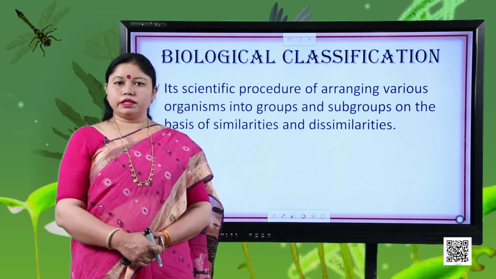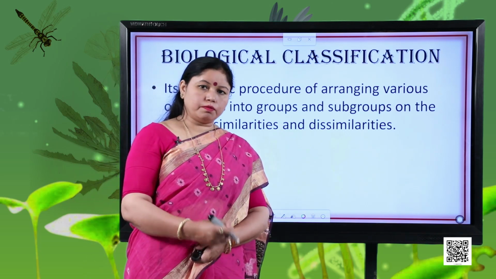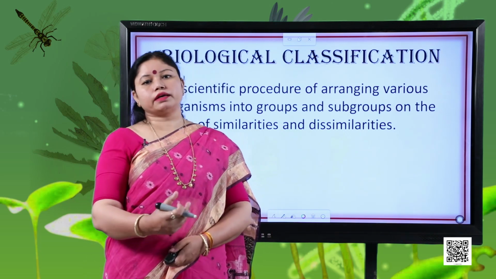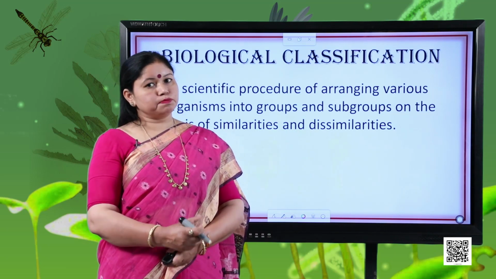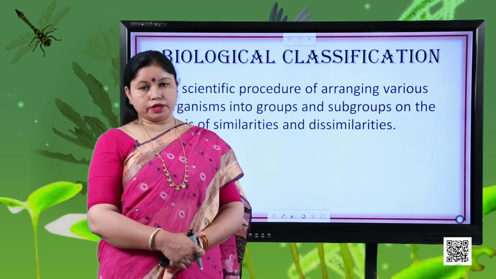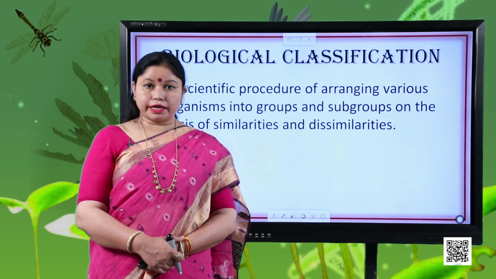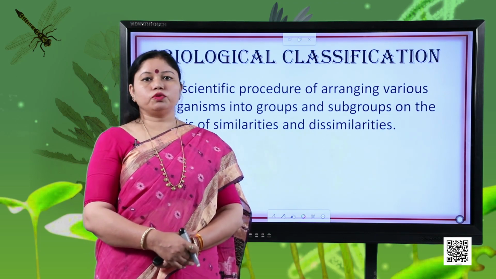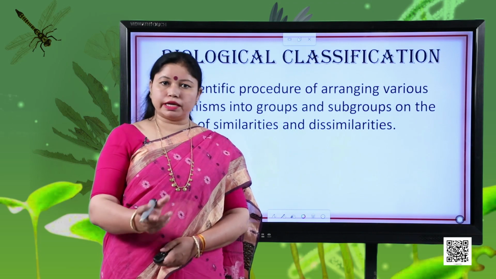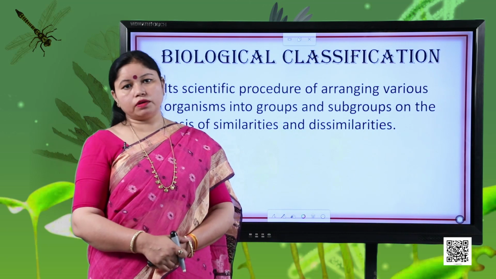Secondly, another benefit of the categorization is, suppose I give you a book to keep it in a rack, then what will you do? You will compare the aspects of that book, like the language, the subject, the standard of that book, which class it belongs to, and then you can find the similarity in that particular room or in racks, and then you can keep that book in that particular rack.